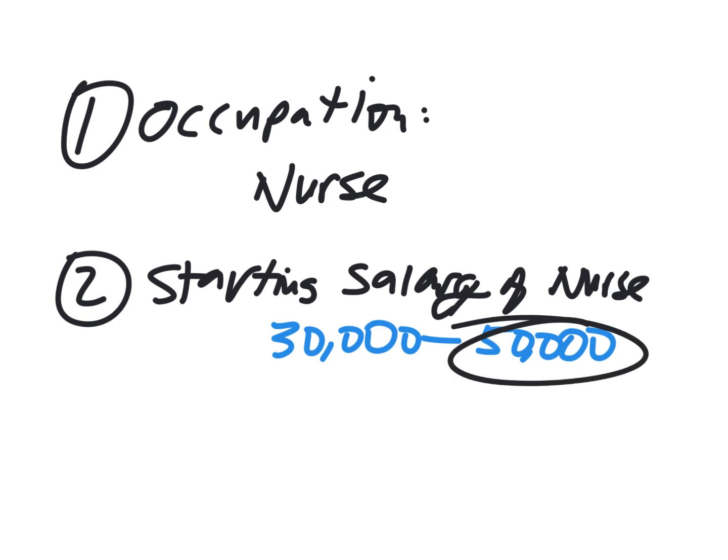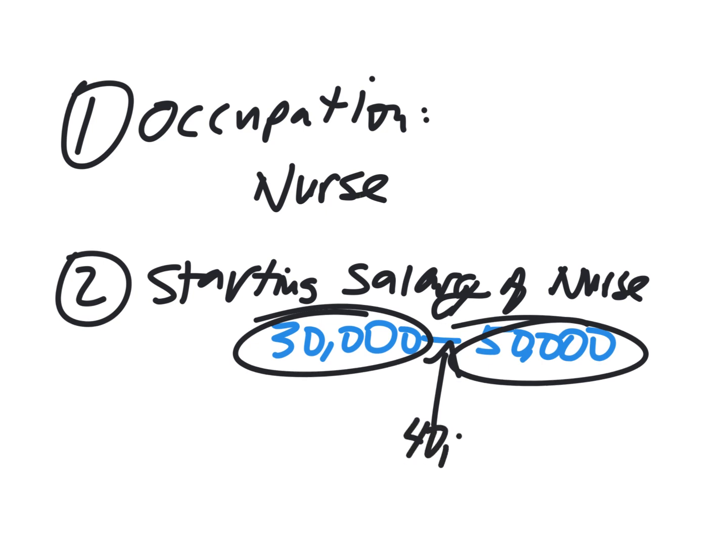So if they give you a range like this, if your Google search says nurse starts at this much, pick a number in the middle. So I'm going to say like 40,000 for the nurse because they gave a range between 30 and 50. I could force you to pick the lowest number, but I know that some of you are going to be like, well, that's only like the worst job that there is makes 30. So go ahead, fine, use a number in the middle.